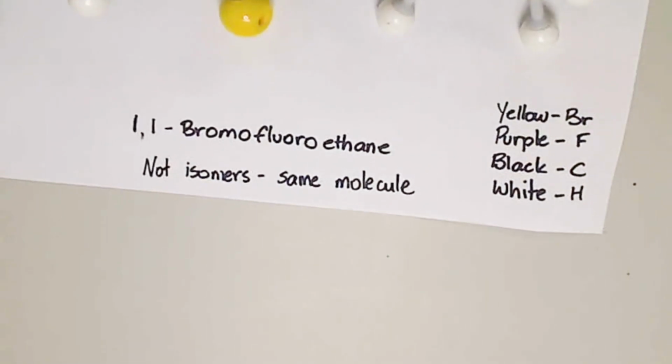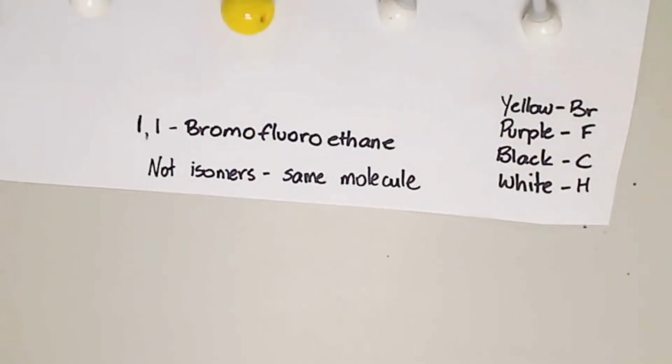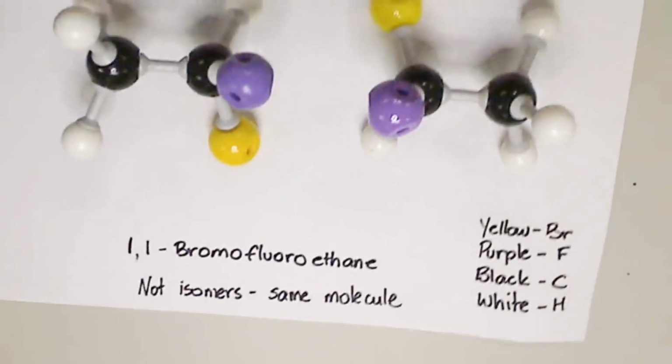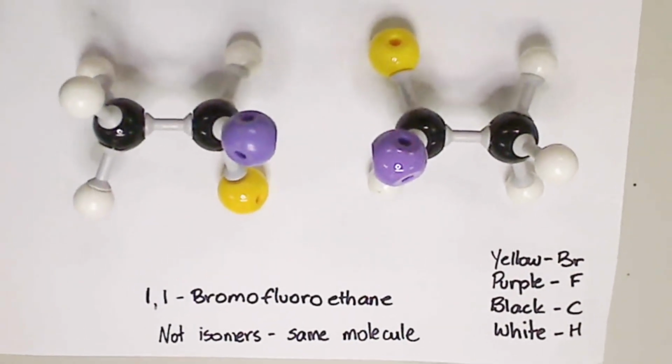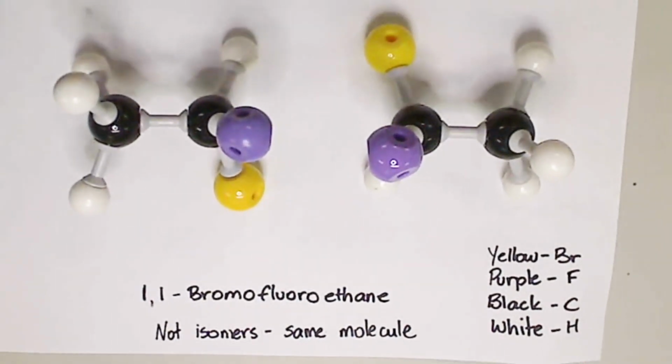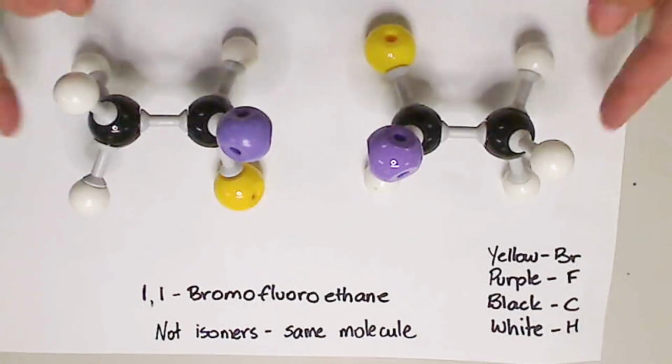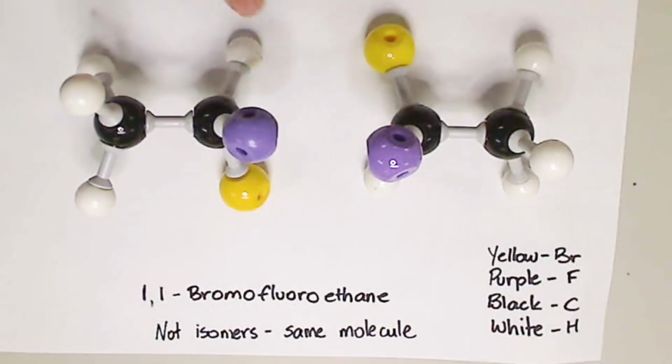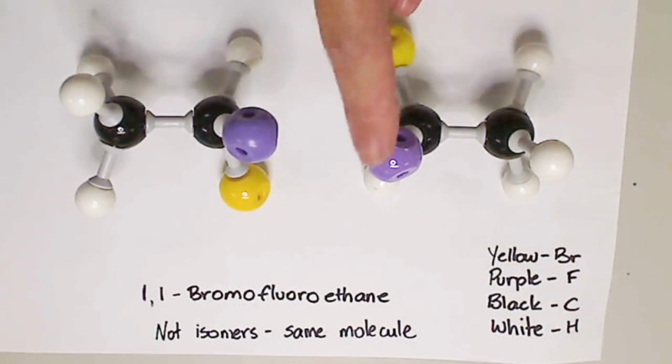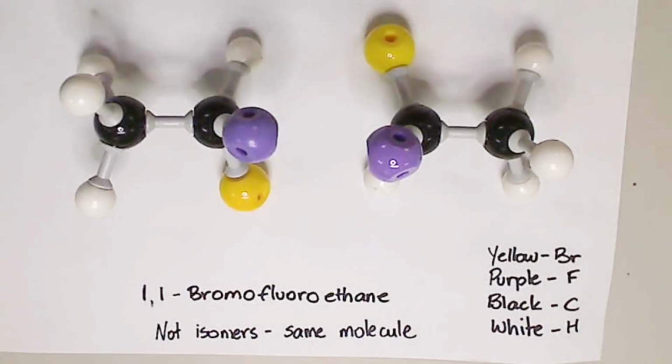So this is 1,1-bromofluoroethane, and at the moment they look like they're different. So I've got a methyl group, and then I've got my hydrogen, my bromine, and my fluorine that are attached to the second carbon. So at the moment it looks different, but I've got to think about this being 3D. So remembering when we're doing our numbering, we're starting at the 1.